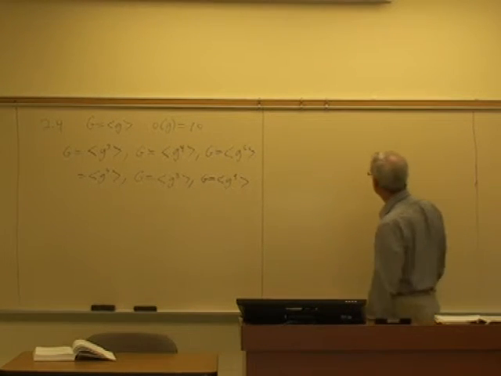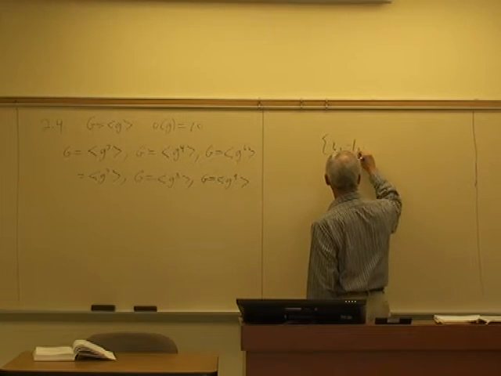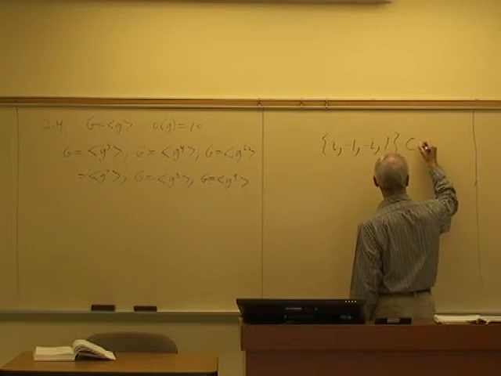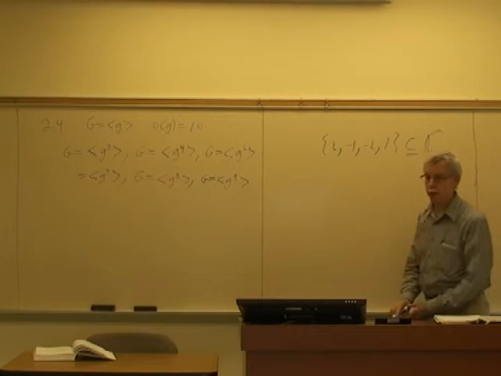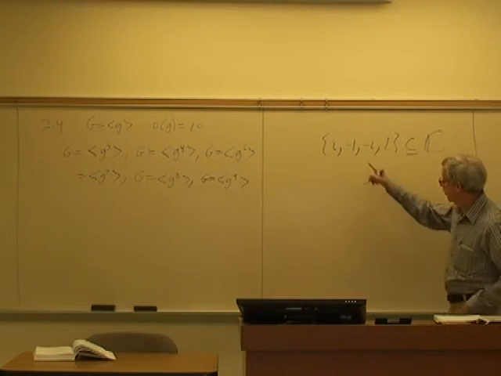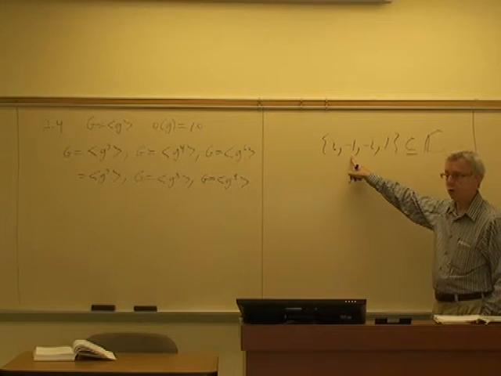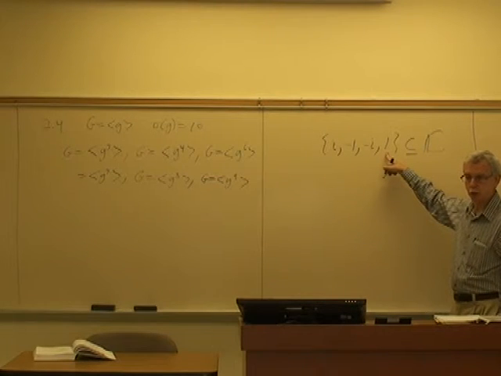And that's not unusual. Remember, we had this group in the complex numbers, right? If I start with -1 and take all its powers, I only get 1 and -1, right?